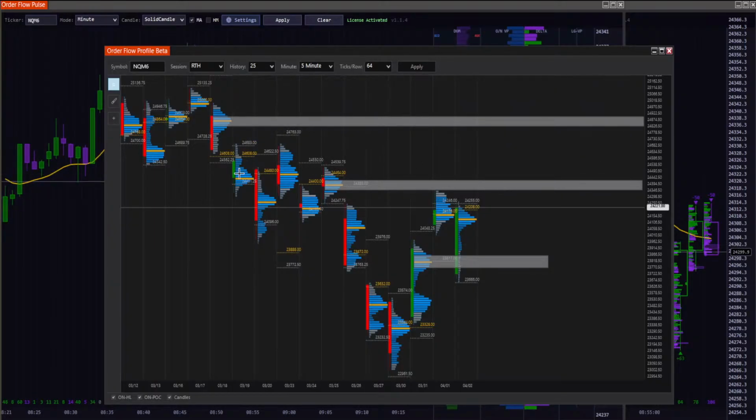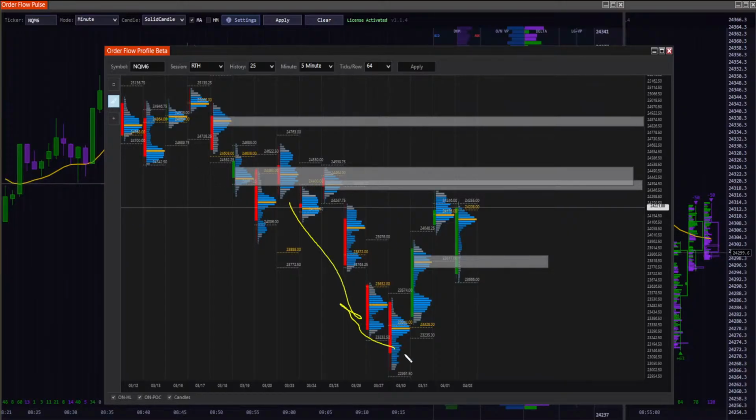But if we get past all this cluster of volume right up in here, these pointed controls, that's where most of the downside is. We couldn't really get past this area right up in here, and that's why we kind of moved down. But as you can see here, we moved down, and then we kind of bounced off of it. Some people will call that a head and shoulders.